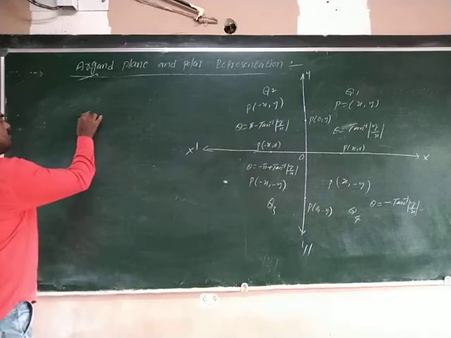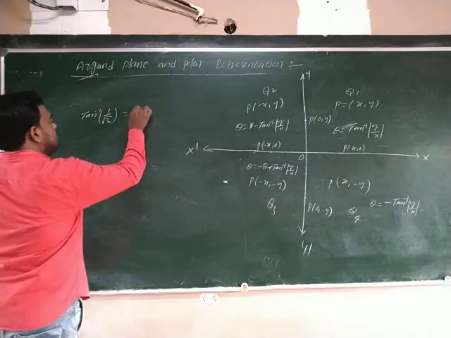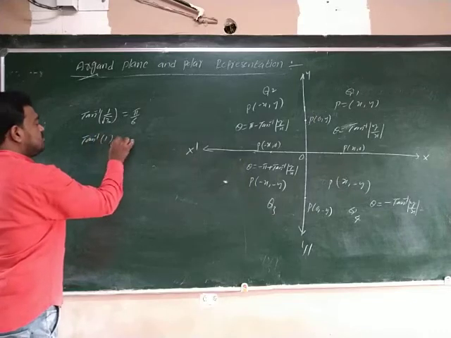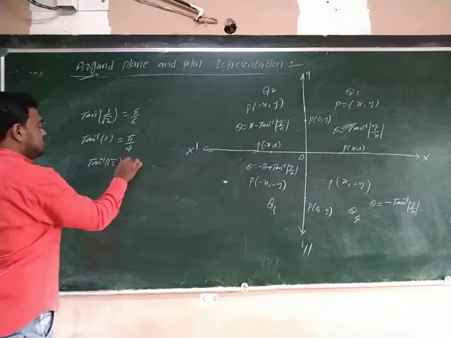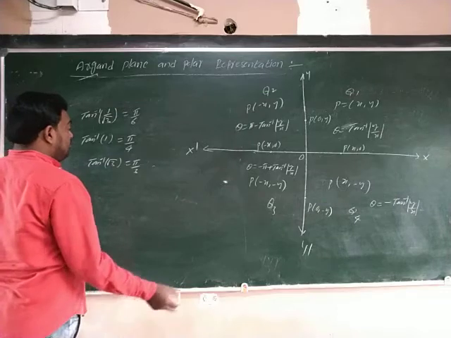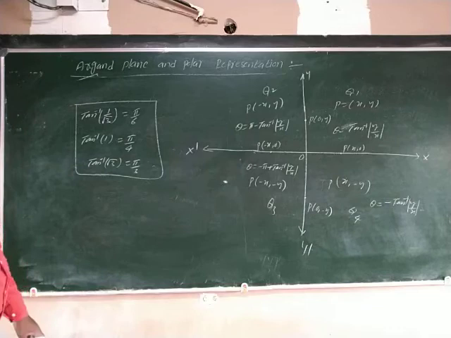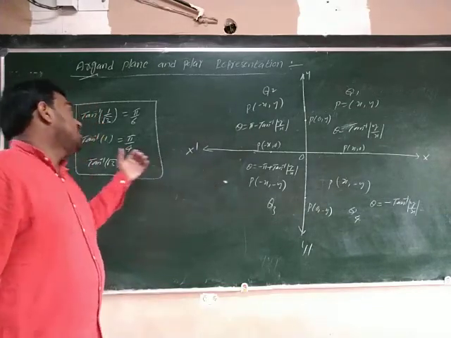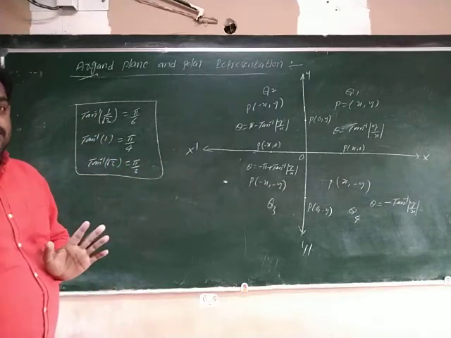Tan inverse of 1 by root 3 is equal to pi by 6, tan inverse of 1 is equal to pi by 4, and tan inverse of root 3 is pi by 3. You have to remember these values also. Remember the formulas, this table and these values, and easily we will solve the next exercise. Right?